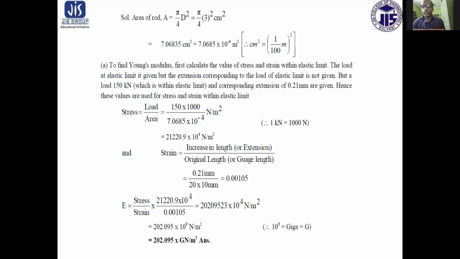The load at elastic limit is given, but the extension corresponding to it is not given. But a load of 150 kilonewton, which is within the elastic limit, and its corresponding extension of 0.21 millimeter are given in the problem. Hence, these values are used for stress and strain within the elastic limit.